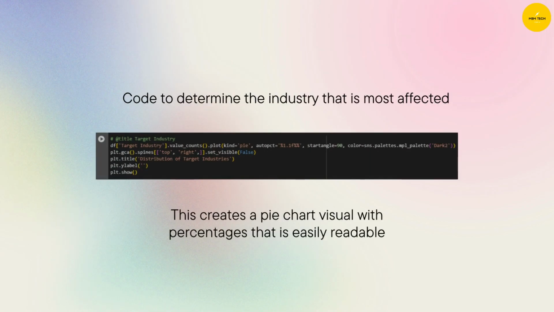I then started my visualization, and this code snippet here is to determine the industry that was most affected. It creates a pie chart visual with a percentage that is easily readable to the user.